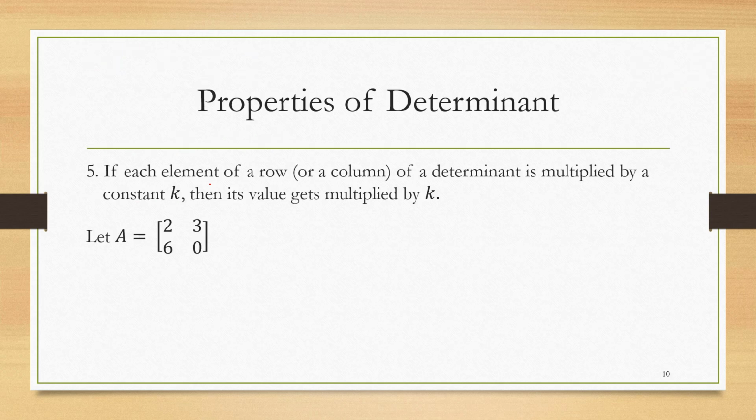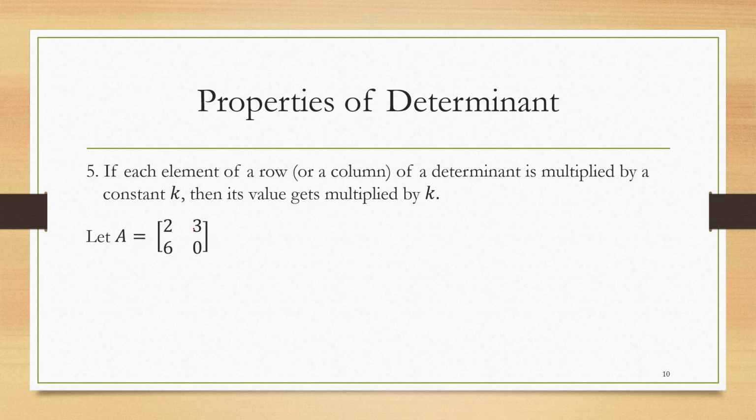Next property, if each element of a particular row or a column of a determinant is multiplied by a constant k, then its value gets multiplied by k. That means, let's say we have a matrix A, 2, 3, 6, 0.